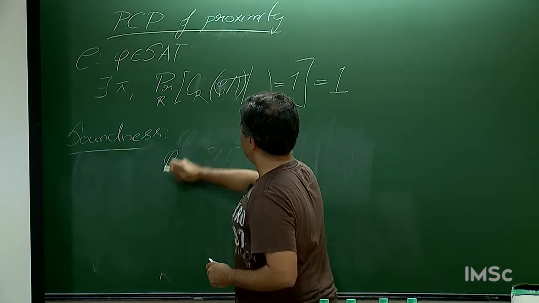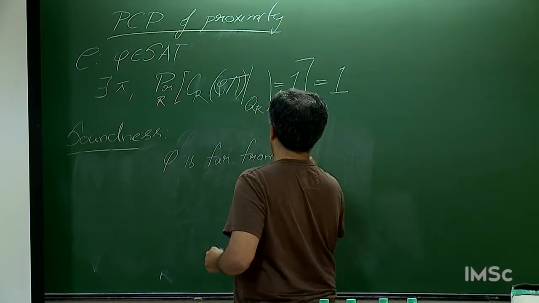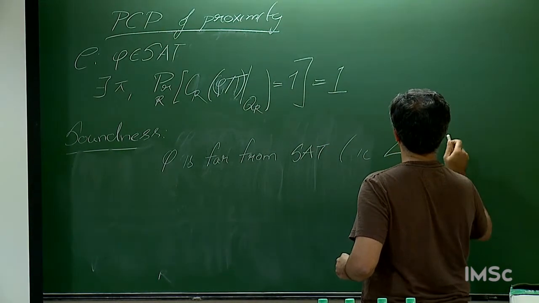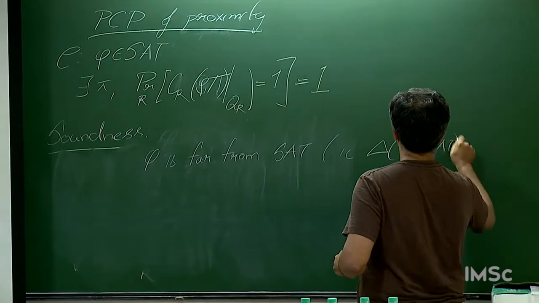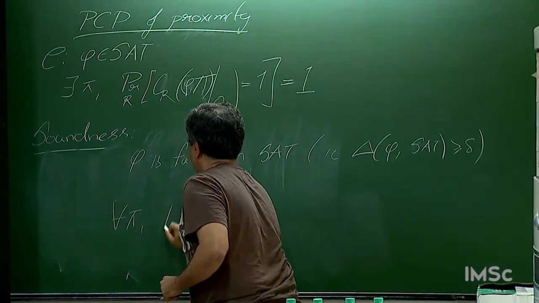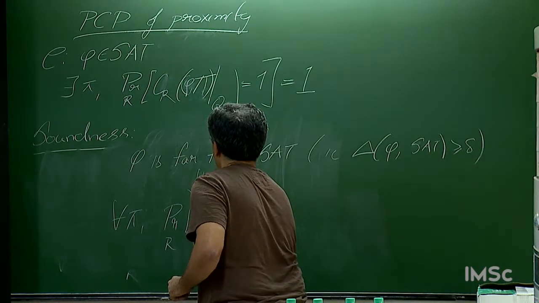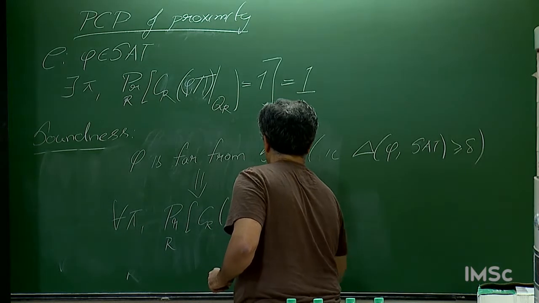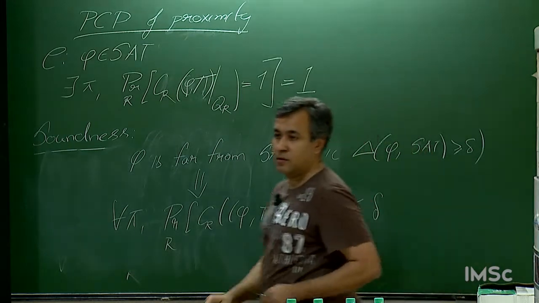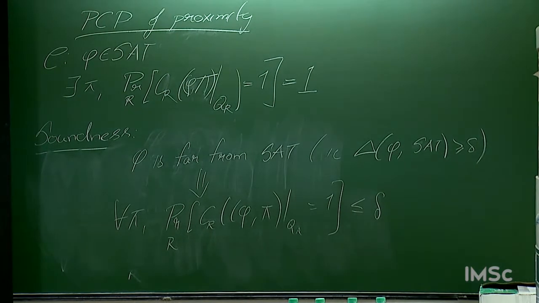Now I'm going to replace it and say if phi is far from SAT, in other words, the distance of phi from SAT is large, then for all proofs pi, yeah, so now the previous robust soundness comes in.